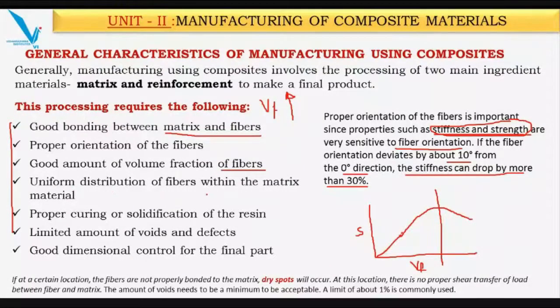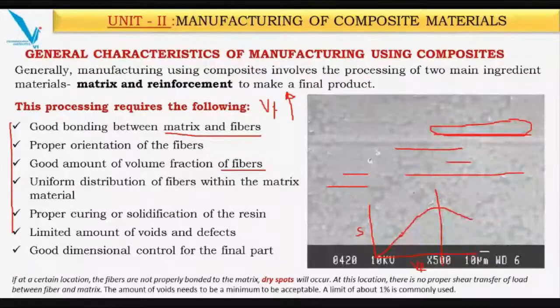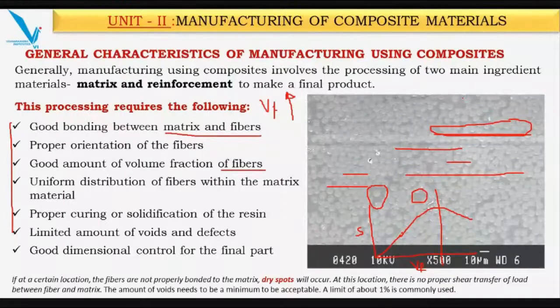Uniform distribution of fibers within the matrix of the material. This is also important. You can see here, in this area, this is the resin rich area where the fibers are not there. So there is no uniform distribution of fibers. In all these circles I marked, fibers are not there but resin is there.